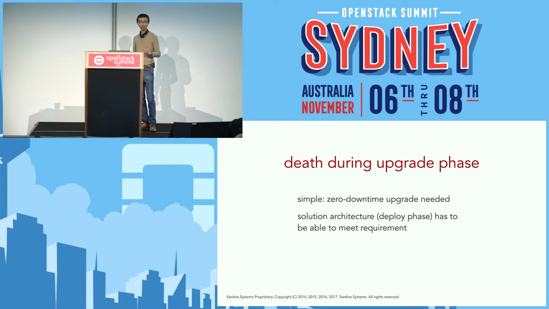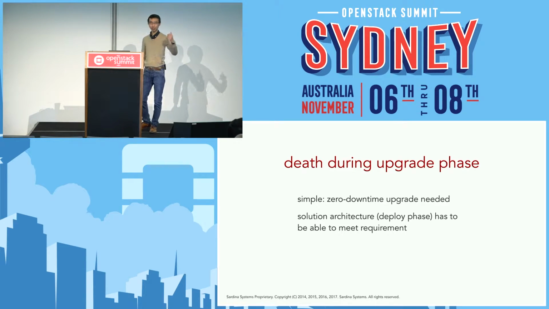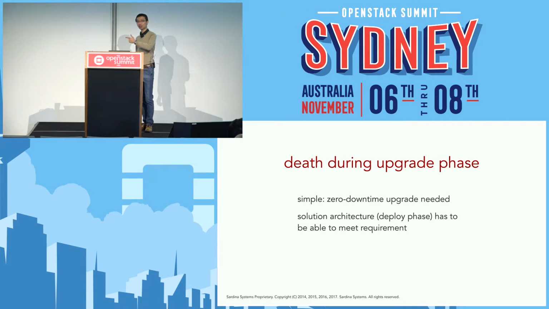And this is where a solution architecture that you put in place way back in the deploy phase has to enable it to meet the requirements. Otherwise, you'll be discovering at the upgrade phase, damn, we have problems.